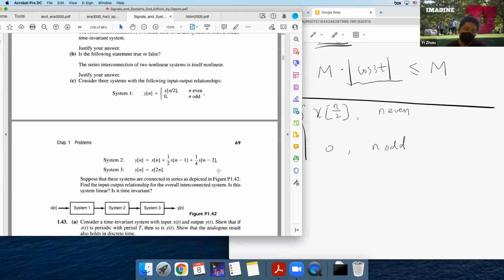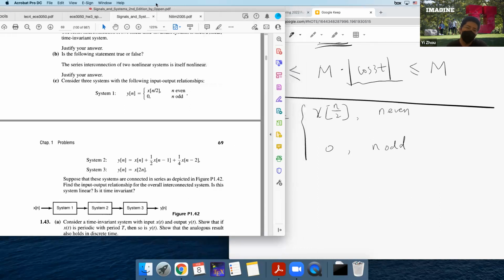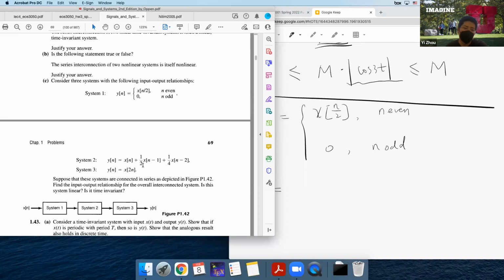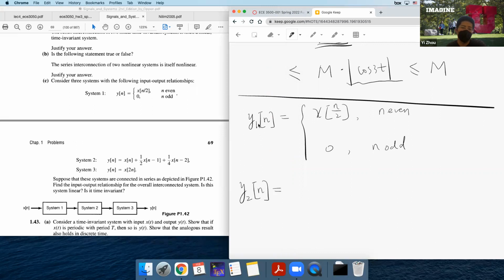By the second system equation, with input y1, it's y1[n] plus 1/2 y1[n-1] plus 1/4 y1[n-2].